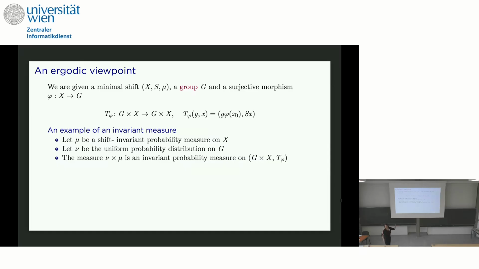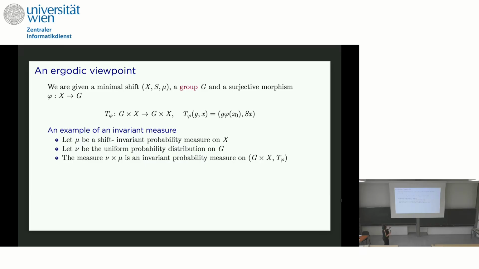This morning we were with Z. Here I'm much more focused. I work with finite groups. It's much easier in this sense. And then we get an invariant measure by taking the product measure of the measure coming from my shift by the counting measure on my finite group. That's a possible measure, but you have a lot of other measures that can exist on your skew product. It might not be uniquely ergodic. We expect it to be uniquely ergodic, but it might not be.